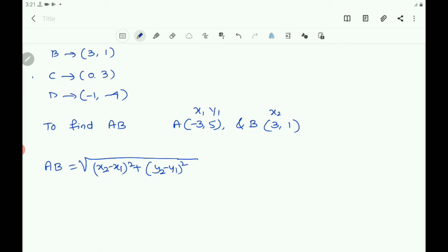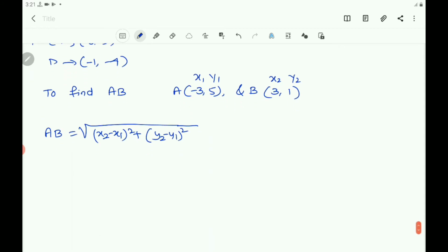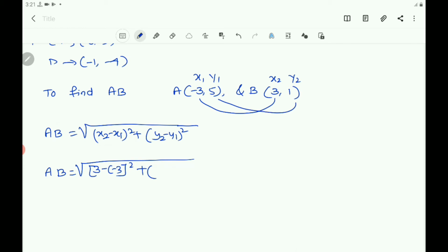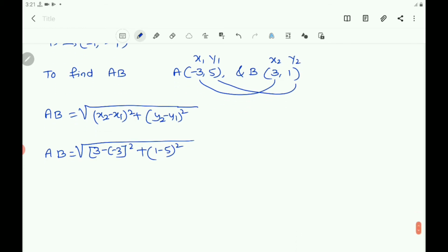These are the point x2, y2. Then you write AB is equal to the square root of (x2 minus x1) whole square plus (y2 minus y1) whole square, that is 3 minus of minus 3 whole square plus 1 minus 5 whole square.